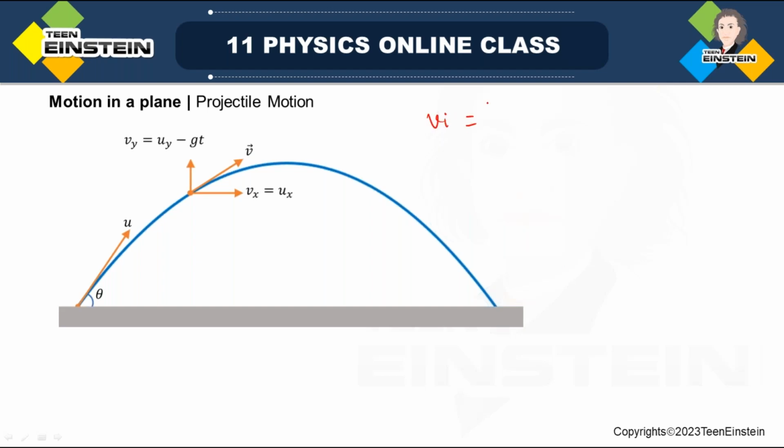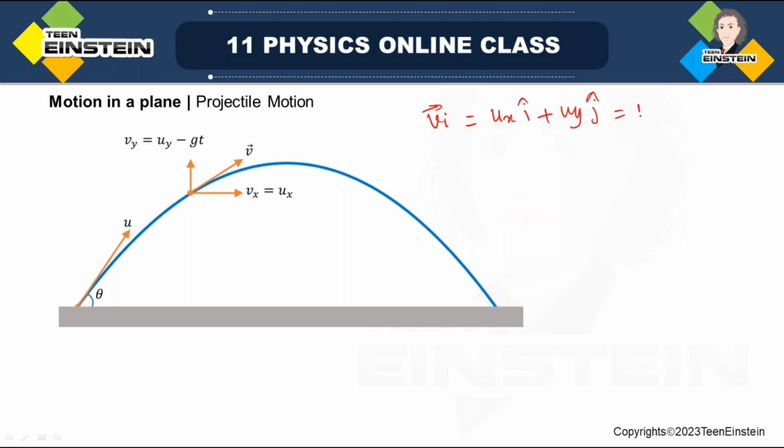So initial velocity vi is equal to, if I write in terms of vector, u x i cap plus u y j cap.